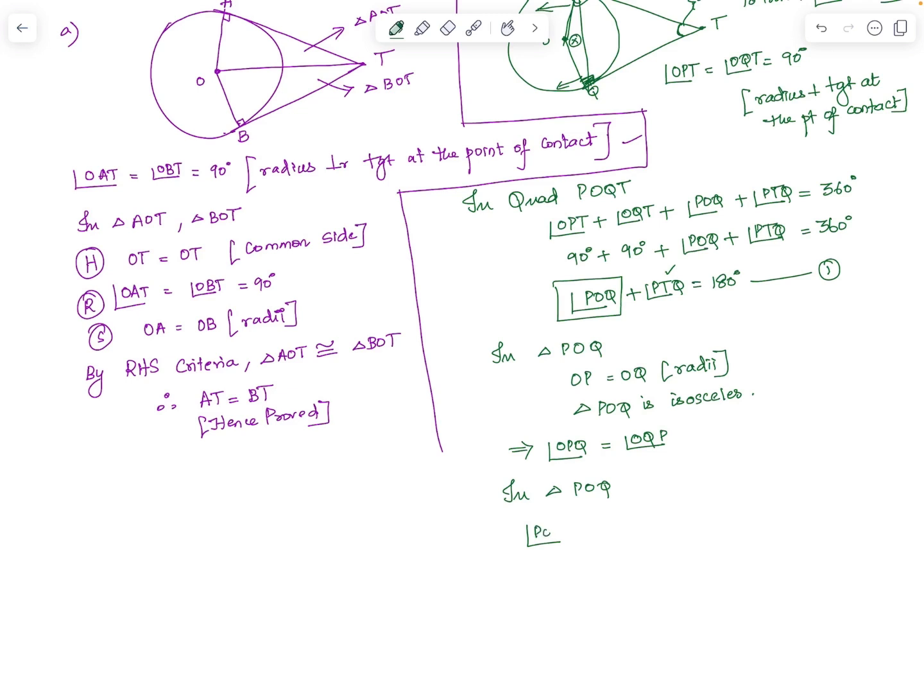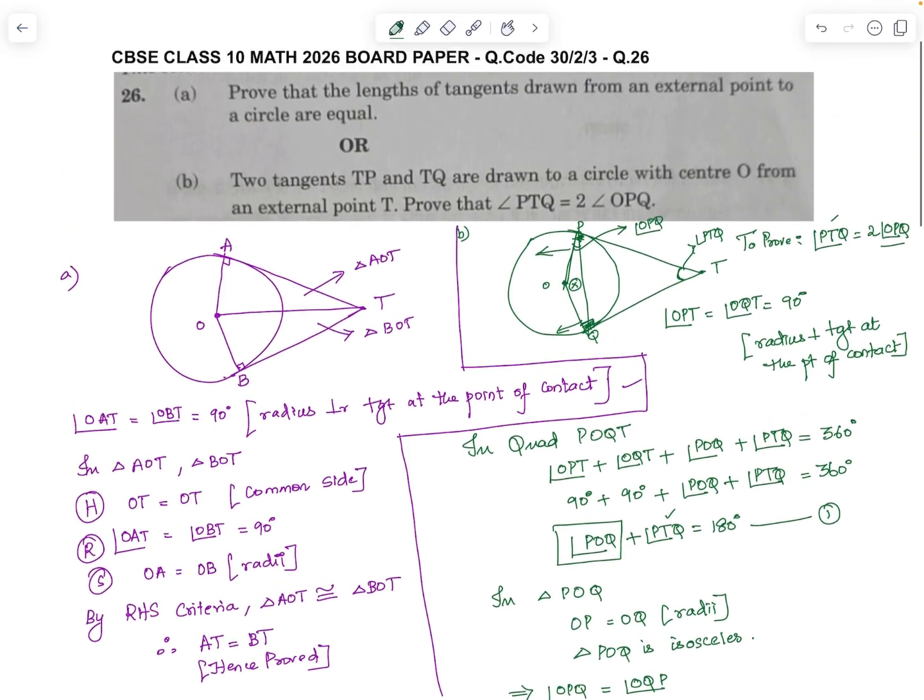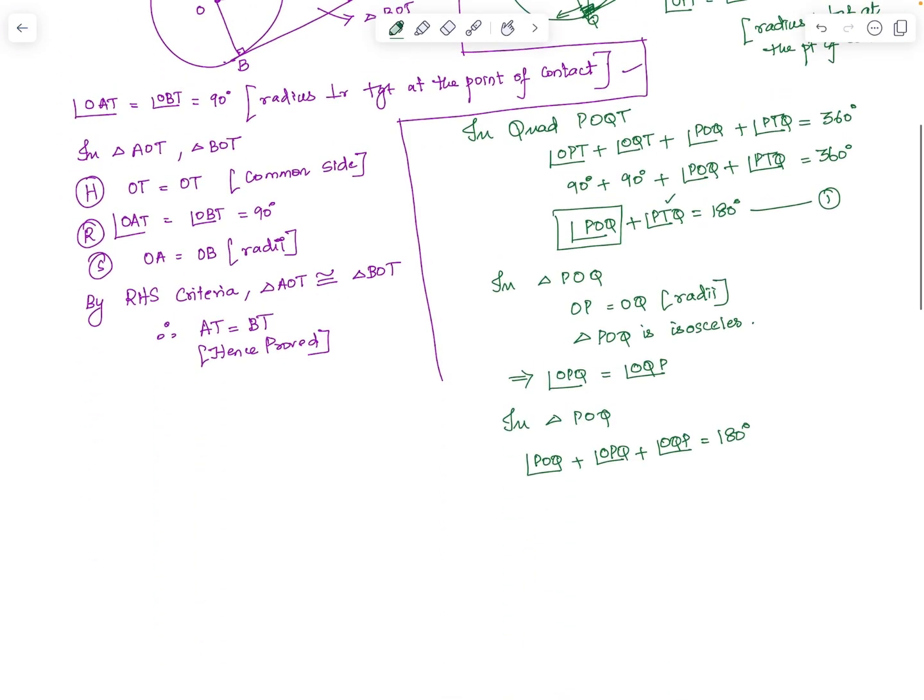That is angle POQ plus angle OPQ plus angle OQP is equal to 180. Now that we need OPQ, let's replace OQP with OPQ and the rest remains the same. So angle POQ is equal to 180 minus 2 times angle OPQ. Let this be equation 2.